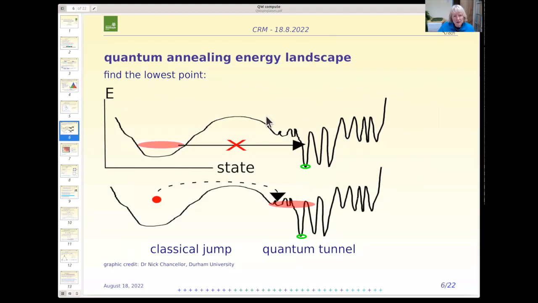So this is a cartoon of what we're doing in that open system, and a motivation for why hybrid algorithms, and considering classical as well, and even the fact that you lose some of the quantumness might be helpful. This is a cartoon energy landscape. So we have broad energy minima, and we have lots of narrow ones.